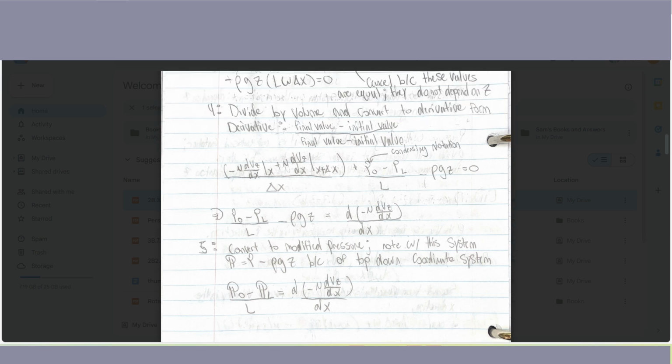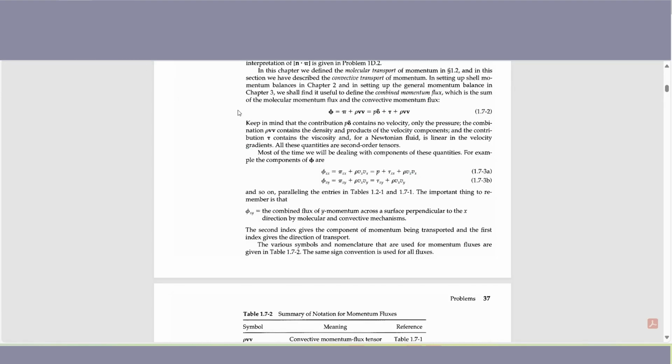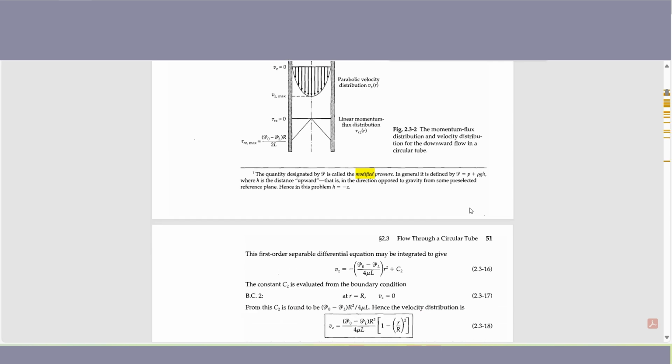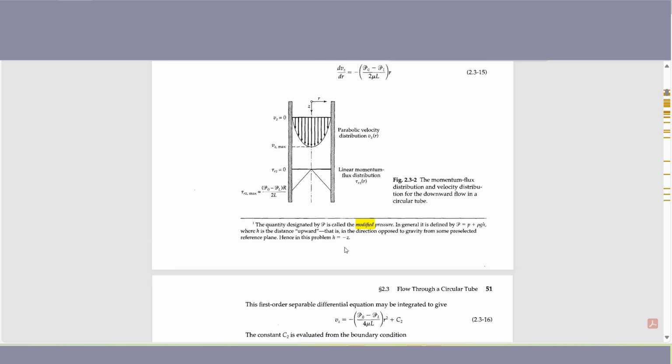So now you're converting this to modified pressure. There's a couple places in the book where it says that, I'm not sure exactly where. Okay, so delta modified pressure equals pressure plus rho gz, and it's minus in this case because the coordinate system is from the top.